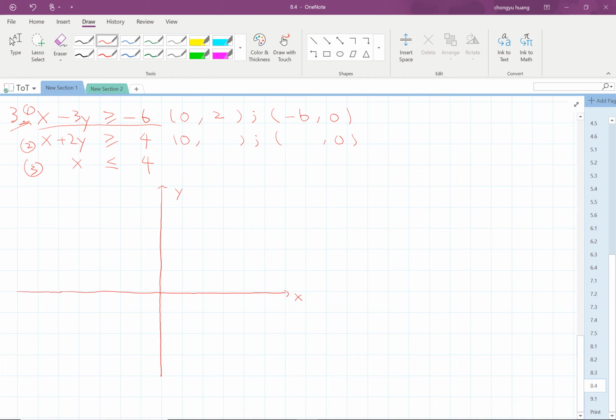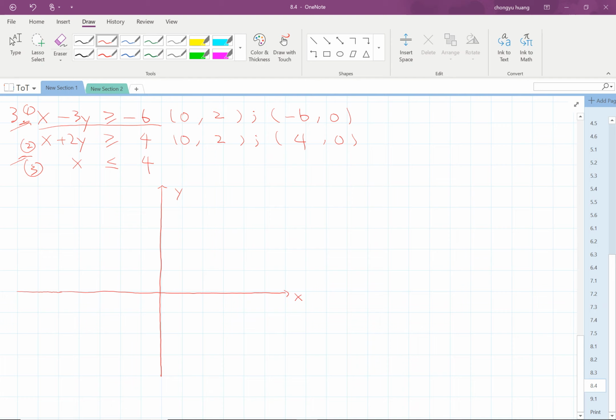Now let's move into equation 2. When x is equal to 0, y is equal to 2, and when y is equal to 0, x is equal to 4. Okay, now we are finished.